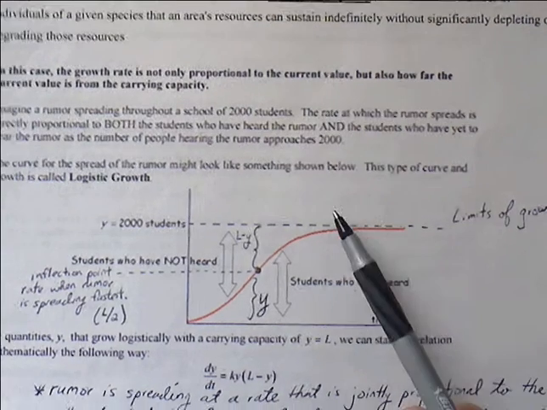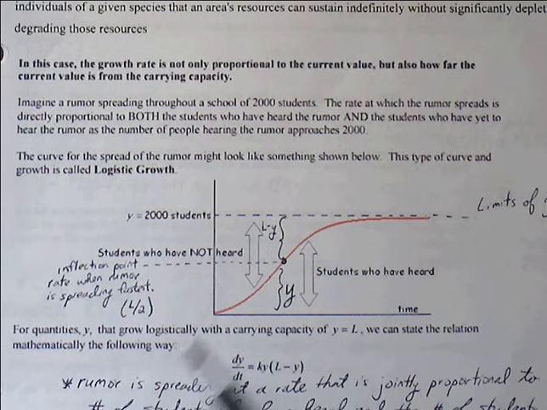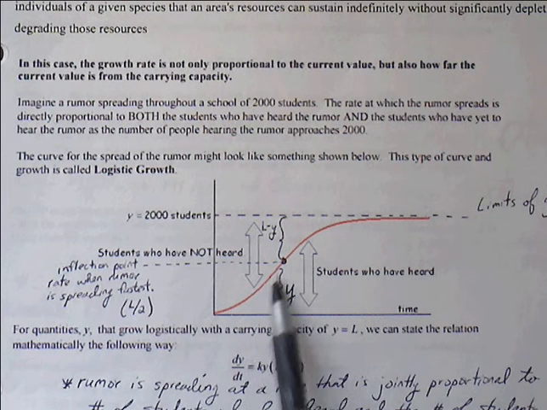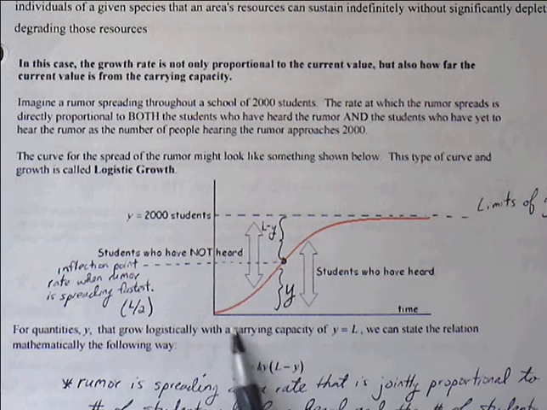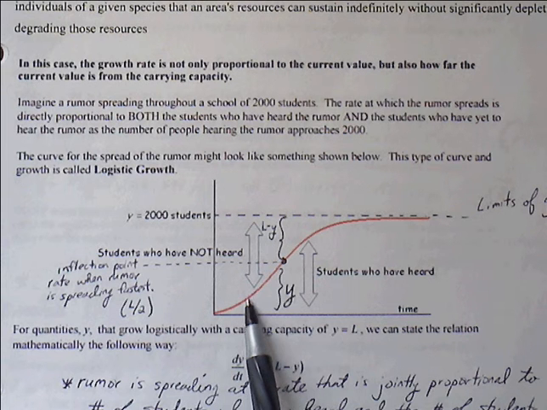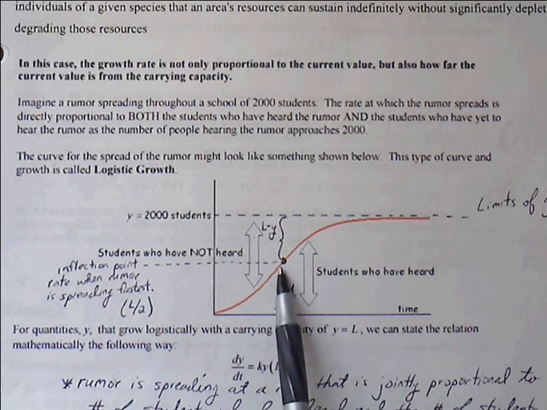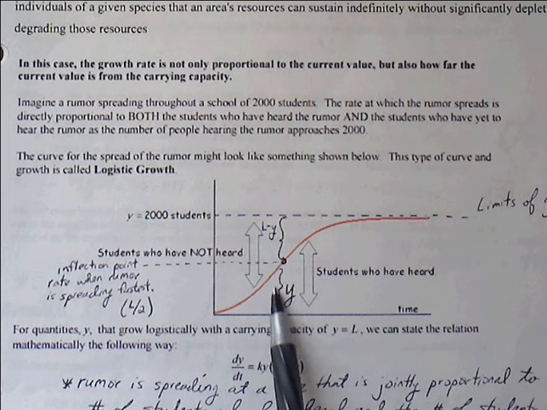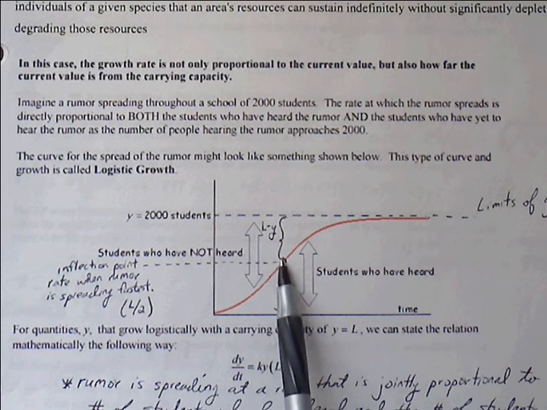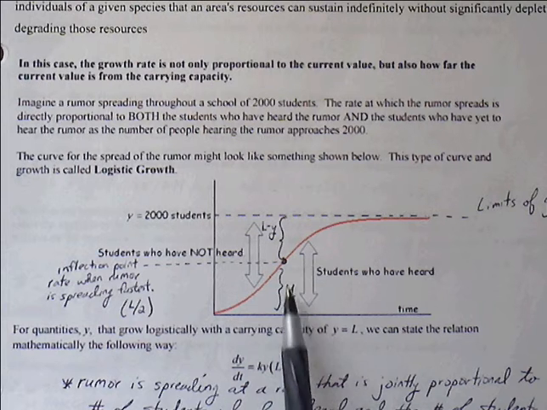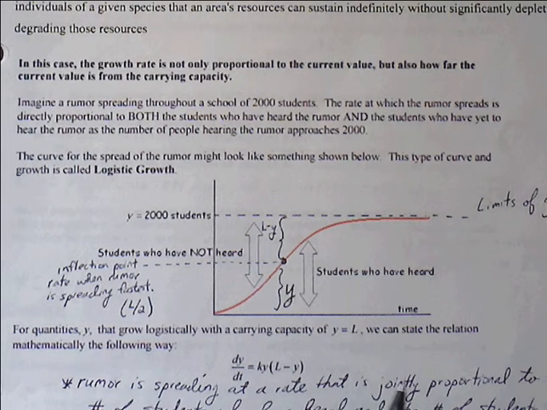And for quantities y that grow logistically with the carrying capacity y equals L, we can state the relation. So let's first talk about this diagram here. At any point here, whatever is below would represent students who have heard the rumor. Whatever is above is going to be students who have not heard the rumor.